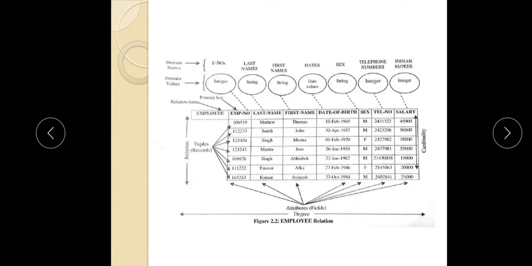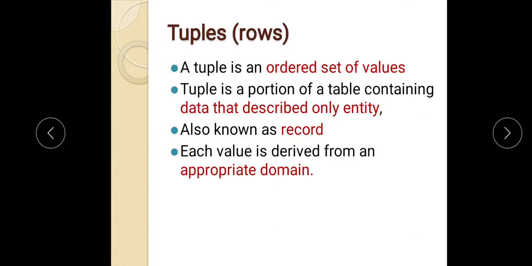For example, for employee number the domain is given as integer; the type must be integer, so we have defined the employee number as a number. Similarly, for last name the domain type must be character or string, so we store that value as a string. Clear? All these values are stored based on the rule or type specified in the appropriate domain. That is about tuples or rows.